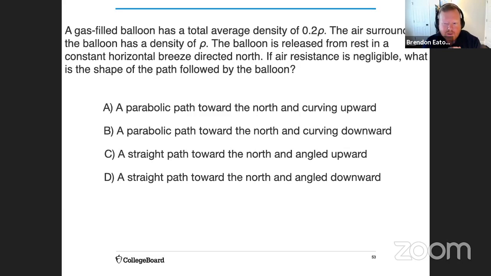So if I have a net force, maybe upwards, because it's trying to float on top of the air, that's the ocean of air that's surrounding us, and there's a constant force from the breeze directed north, it looks like there's going to be a straight path towards the north and angled upwards. Kind of interesting.